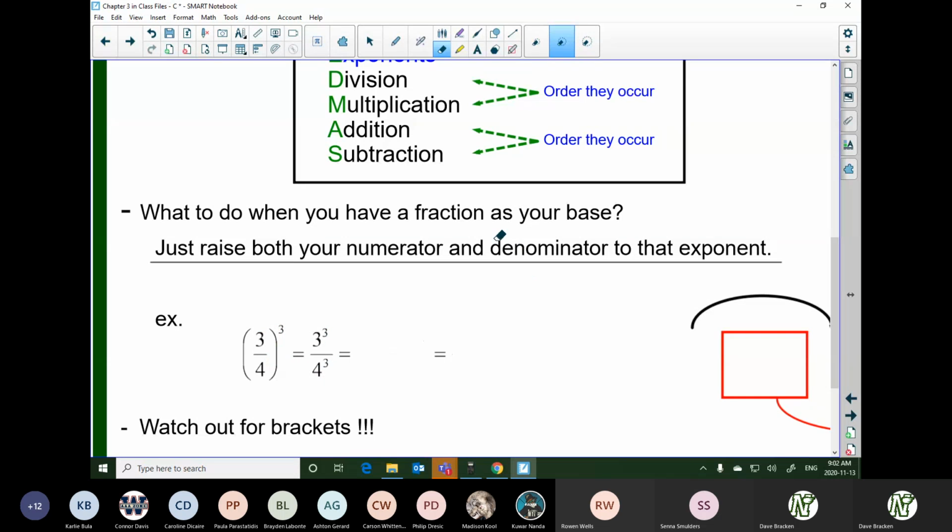Do you see how we followed this rule up here? Just raise both your numerator and your denominator to that power. Well, 3 to the power of 3 is 3 times 3 times 3, and 4 to the power of 3 is 4 times 4 times 4. So when we multiply those out, I end up with 27 up top and 64 down below.